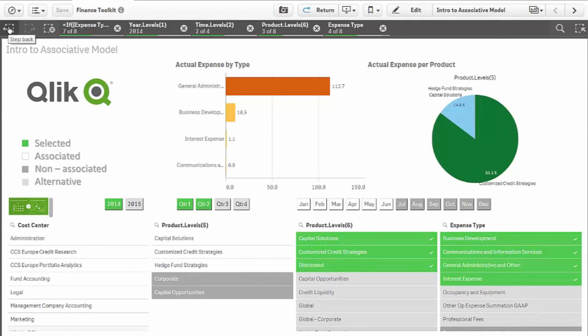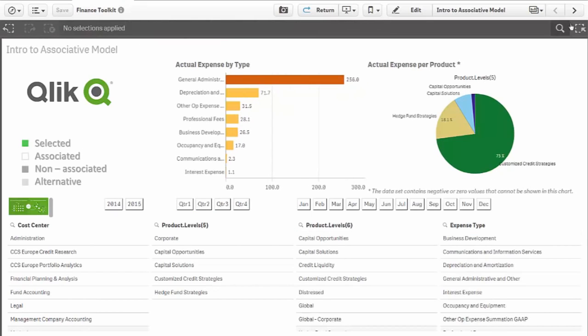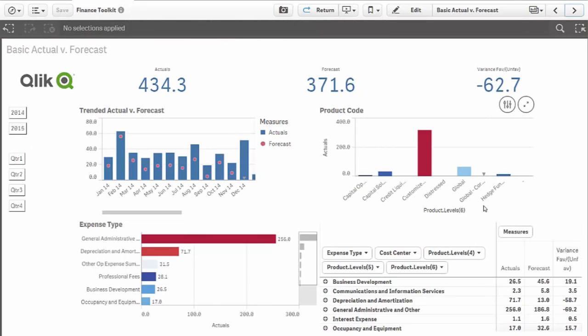I'm going to clear all this, and I'm going to go to the next page, which is a page that if I were looking at my expenses, this is the type of dashboard I would set up. This is a straight, very basic actuals versus forecasts and a favorable or unfavorable view.